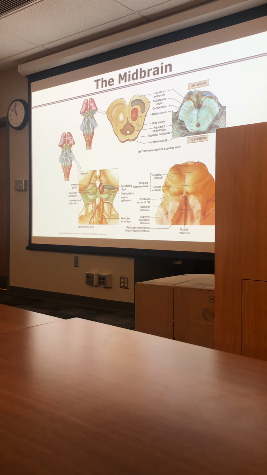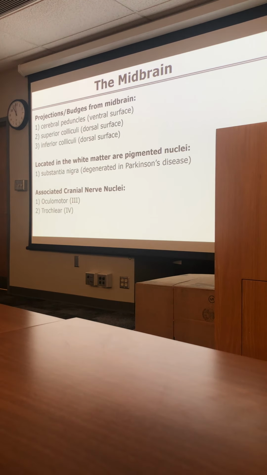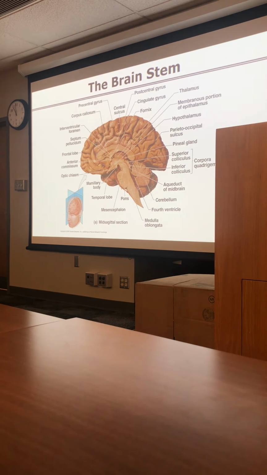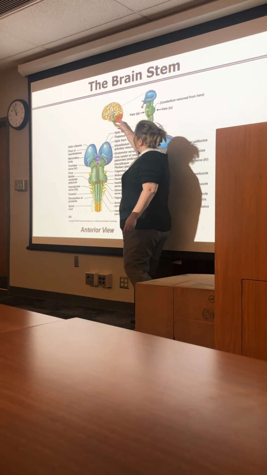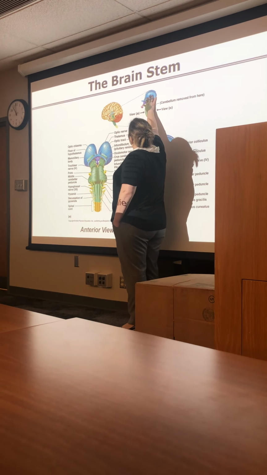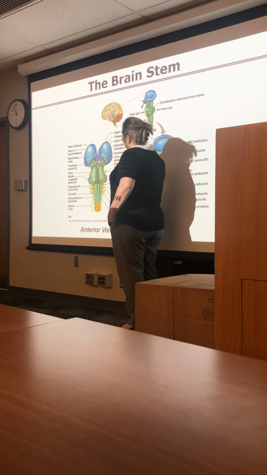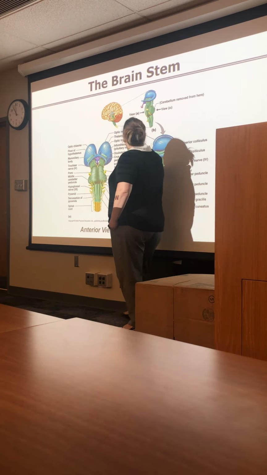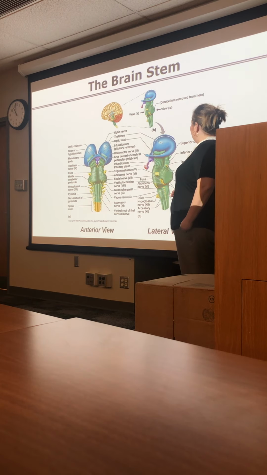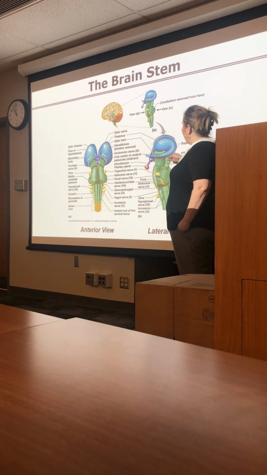Okay, so we're going to talk about the midbrain first. And let me show you these other images too. These are actually pulling out the brain stem away from the cerebrum. It also left the diencephalon on top. And so here you can actually see the thalamus here, hypothalamus here, epithalamus is going to be back in this area here.